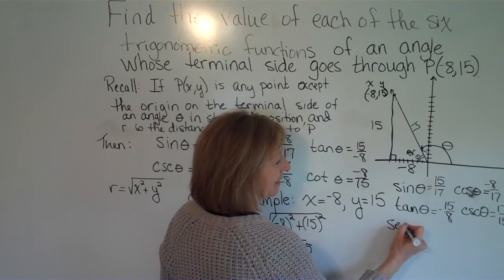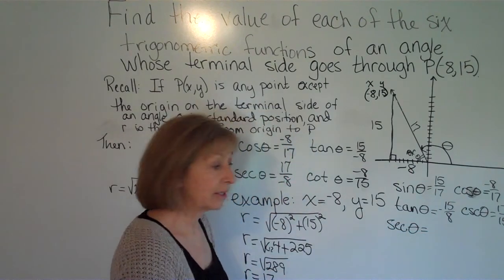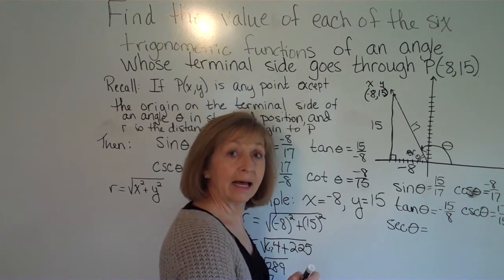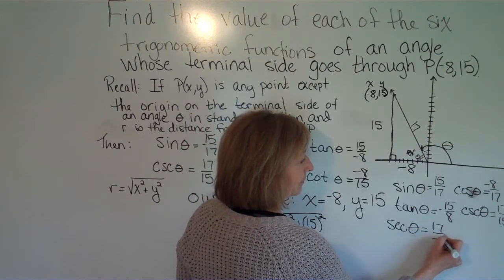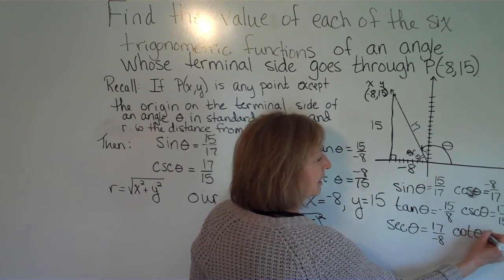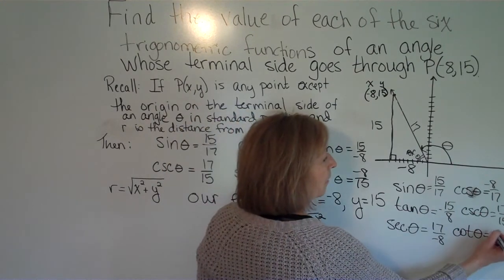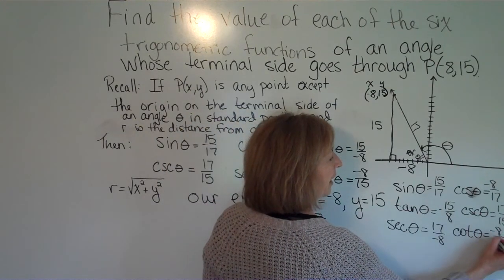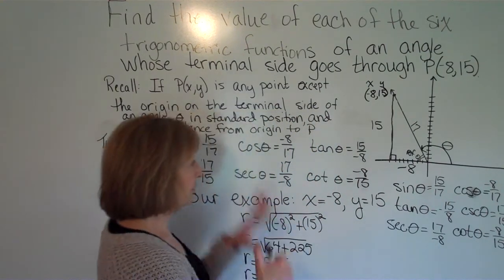The secant of the angle is the reciprocal of cosine, so that's going to be hypotenuse over adjacent. And then the cotangent of the angle is the reciprocal of tangent, so that's going to be our adjacent over the opposite.